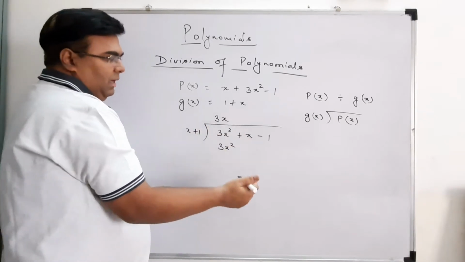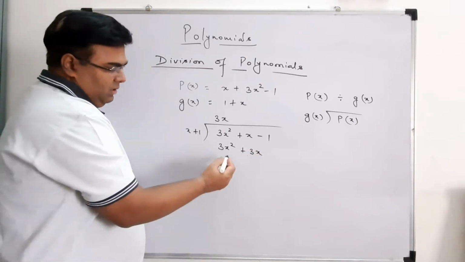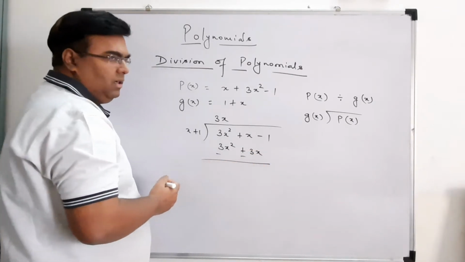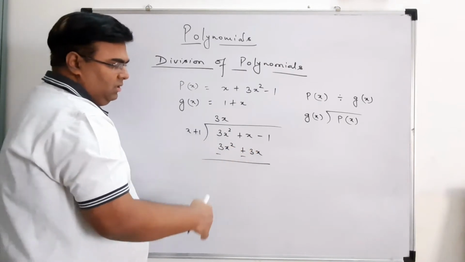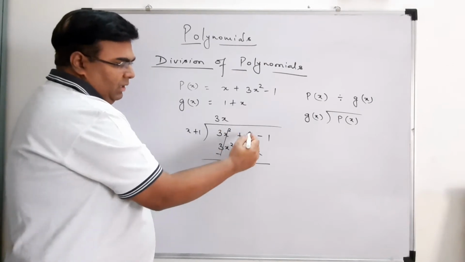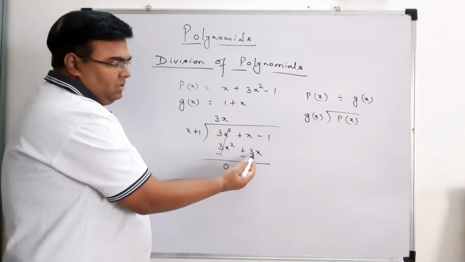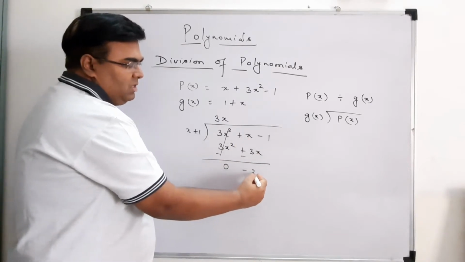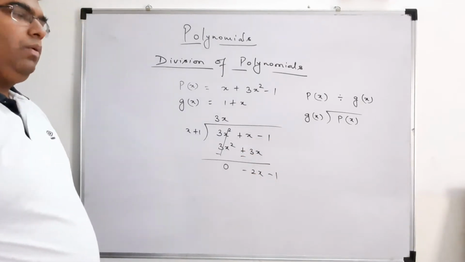So 1 multiplied by 3x will give me plus 3x, right? What we will write here, opposite signs of the last terms. So it will give you 0, and this plus minus will give me minus. Minus 3x plus x will give me minus 2x, and minus 1 will come down, right?